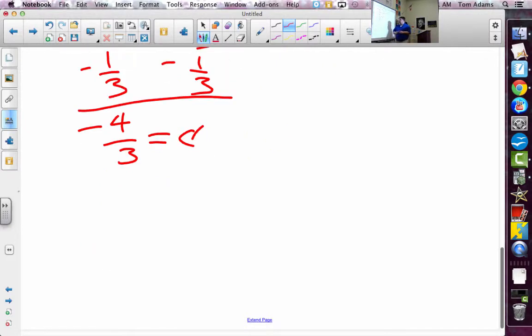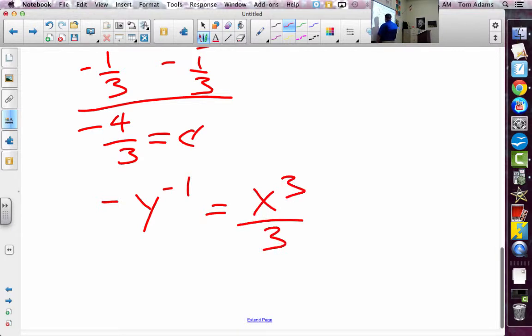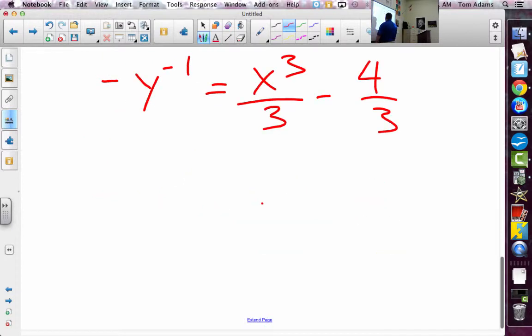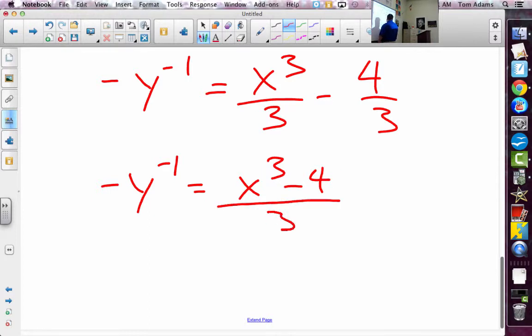So what that tells me is that negative y to the negative 1 is equal to x cubed over 3 minus 4/3. Now I can simplify that. Whoops. I can say negative y to the negative 1 is equal to x cubed minus 4 all over the same common denominator of 3.